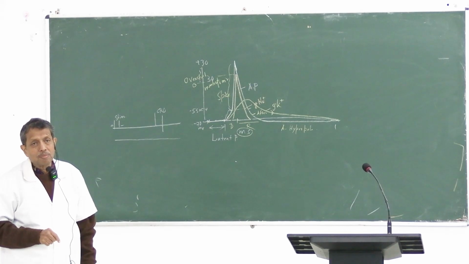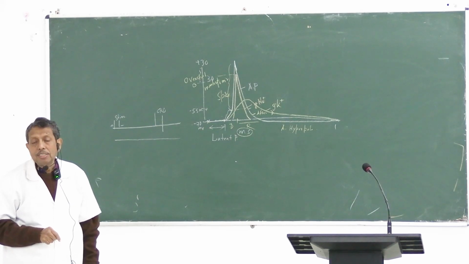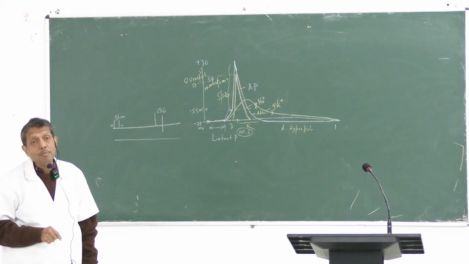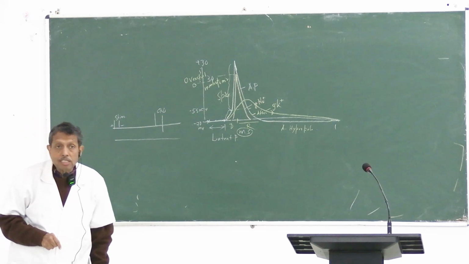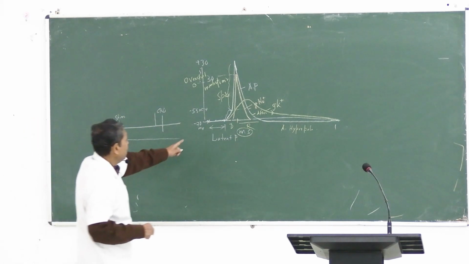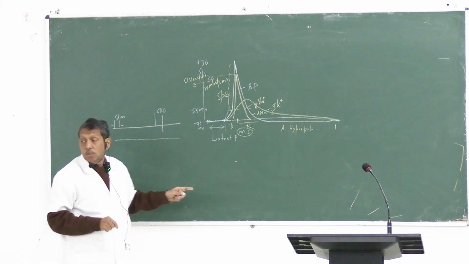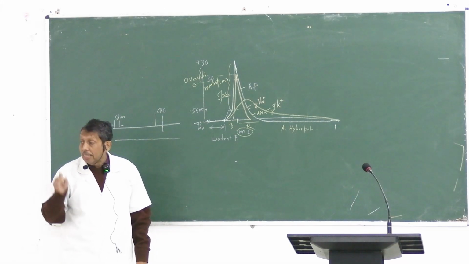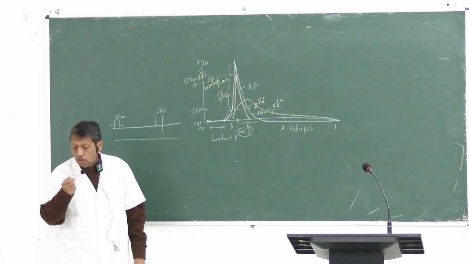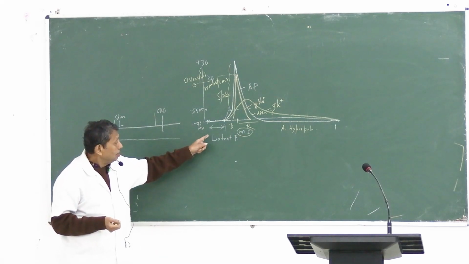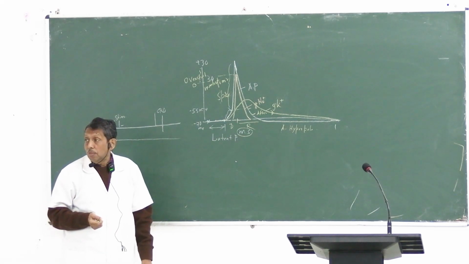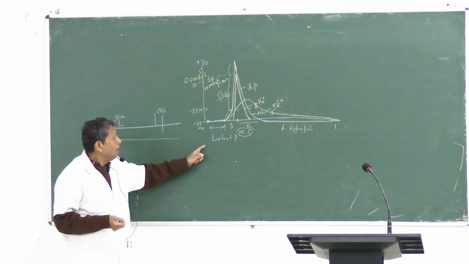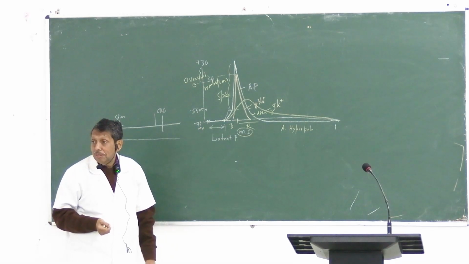Remember them. In case of potassium ion, it is minus 90 millivolt. But the resting membrane potential is minus 70 millivolt. So there is more potassium to consider when you take the case of potassium alone, and it will try to bring the membrane potential to its equilibrium value of minus 90 millivolt. But the existing value is minus 70 millivolt.